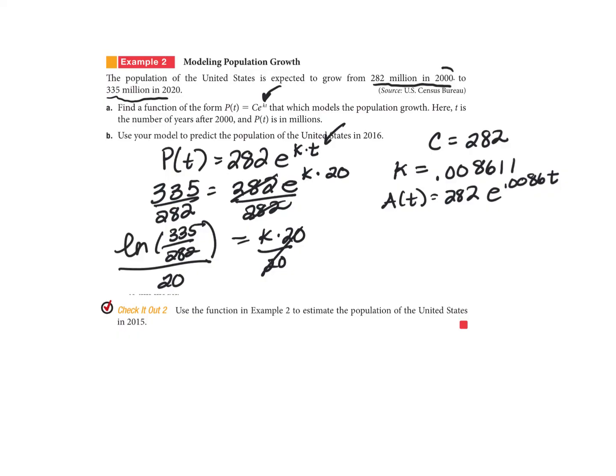It says, what would we expect in 2016? I'm going to put a 16 here. So I'm going to say A sub t is 282 e to the 0.0086 times 16. I still have that full digits in my calculator right here, so I'm just going to times that by 16. And I'm going to take e to that answer.